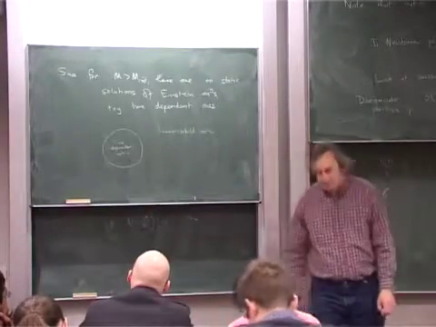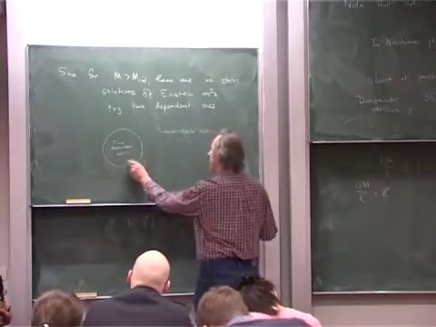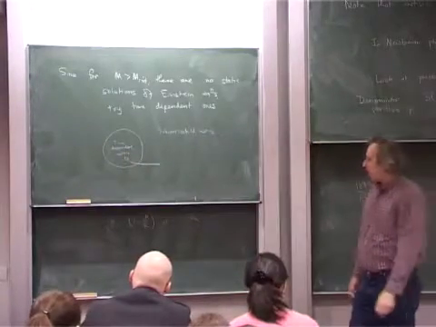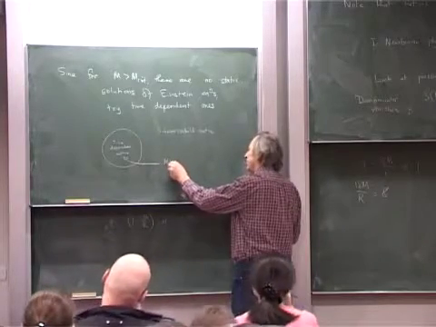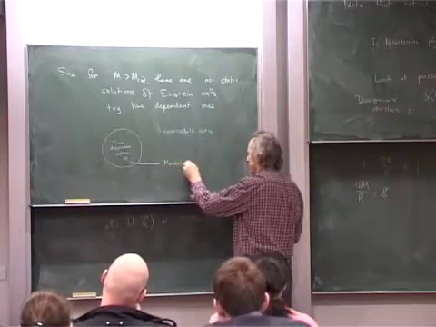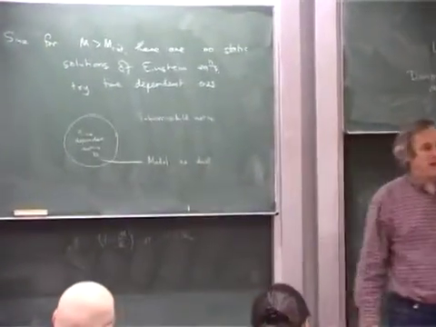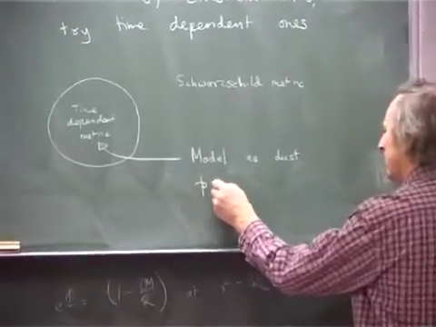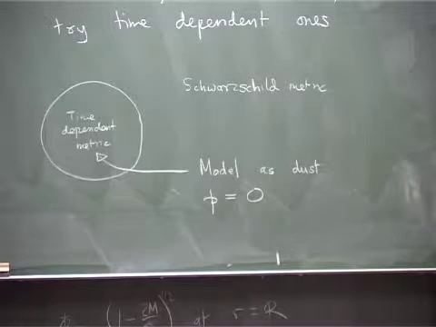And I'm going to make a big cheat, and I'm going to make some assumption about the kind of matter that you have here. So I'm going to model the matter inside the star as dust. You can argue this is not realistic. Dust is a technical term for pressure-free matter. And that, of course, is quite different to what we had over there.